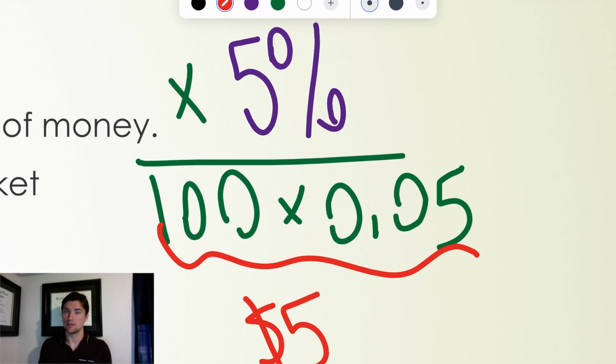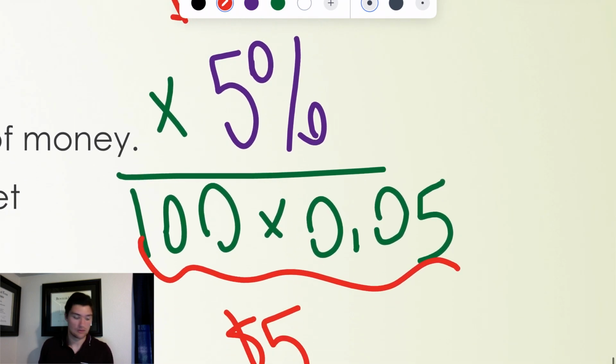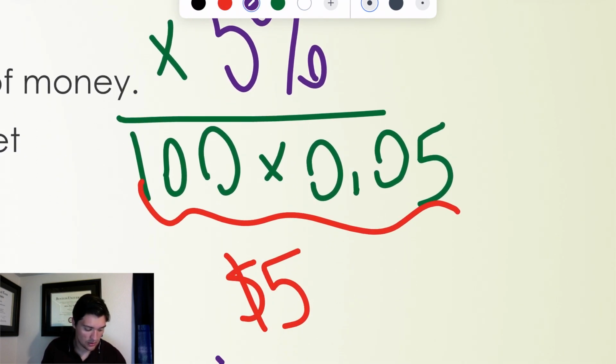The reason it's called simple interest is because it is simple. We'll eventually get into compounding interest later. That's where it gets really, really interesting. But that's the basic idea behind the interest, is like if the interest rate were 7%, you would do the same thing. You would multiply the amount times the interest rate, and that's how much interest you have. So this is your interest.